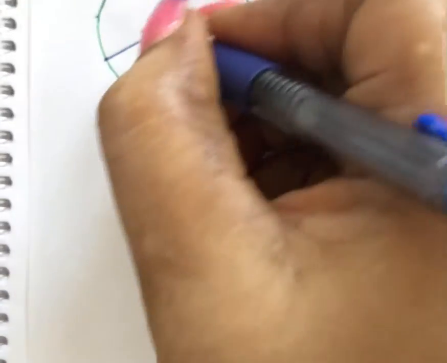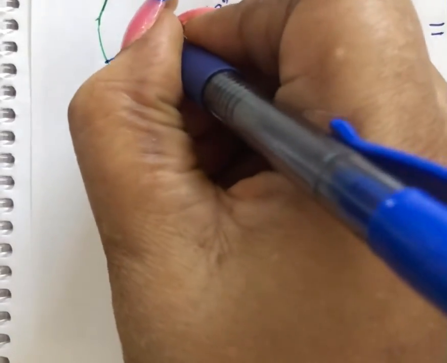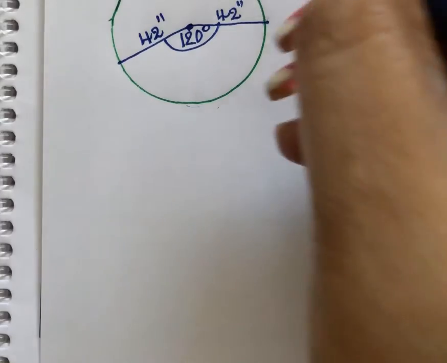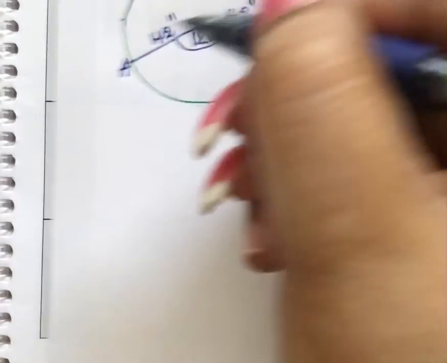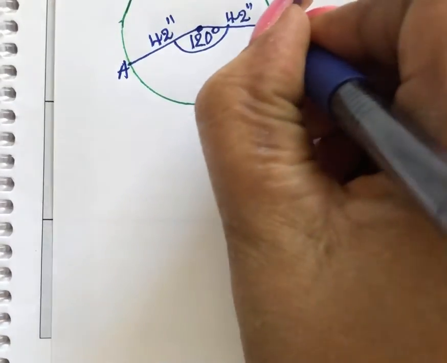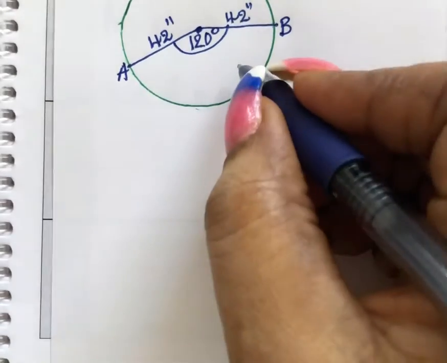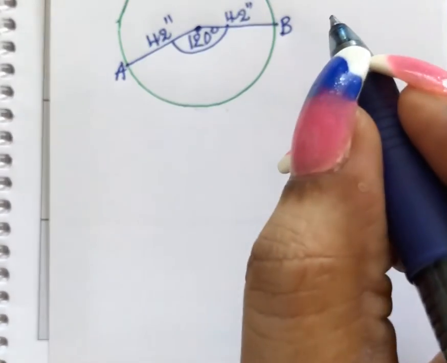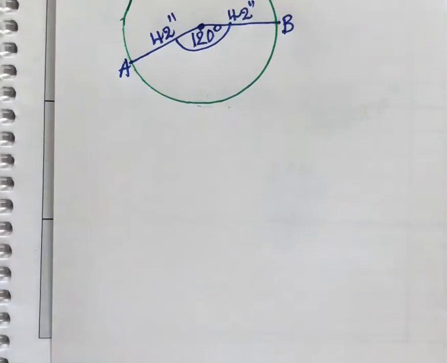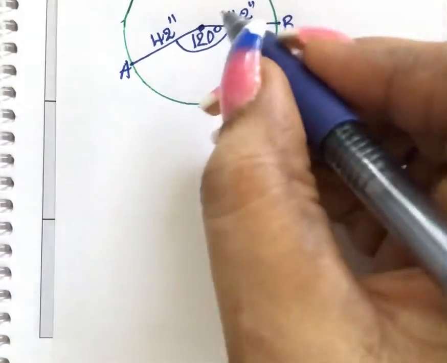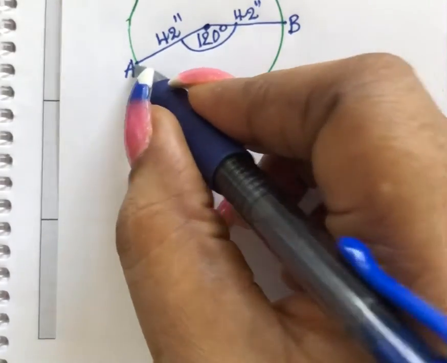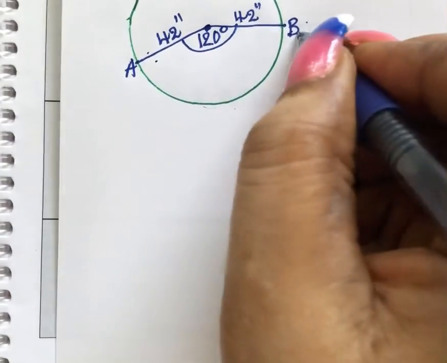Okay. So each part here of the radius will measure the same. The question is now asking me to calculate the length of the arc AB. Right? So I need the length of the arc AB.